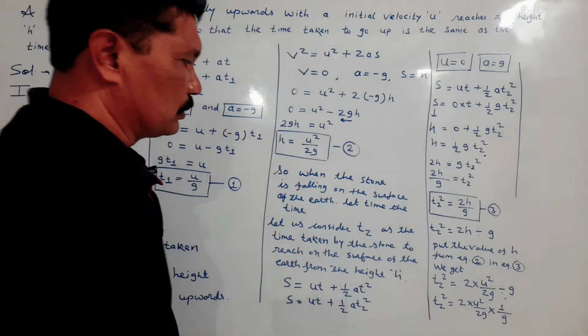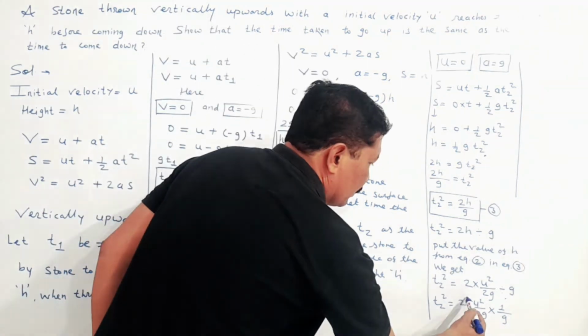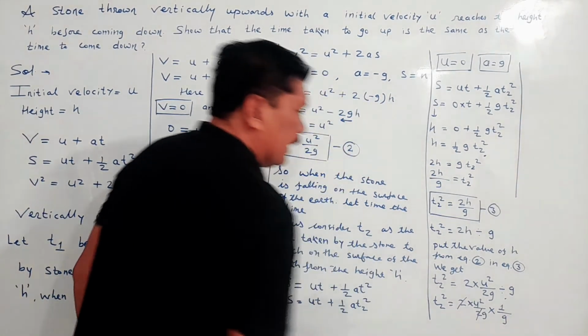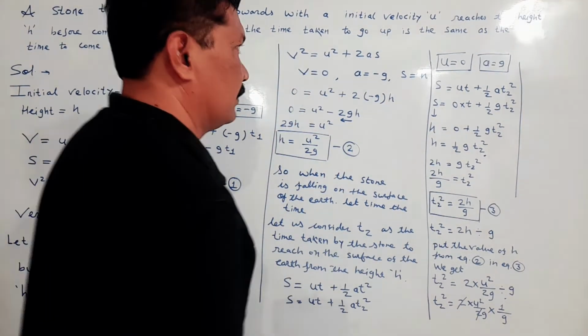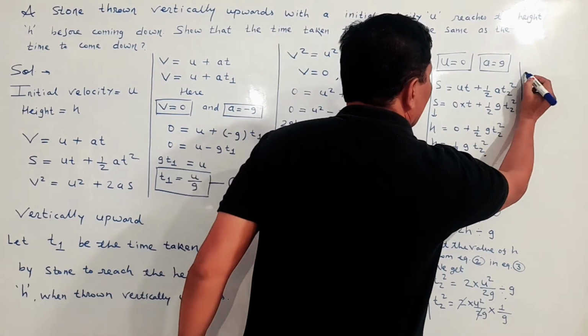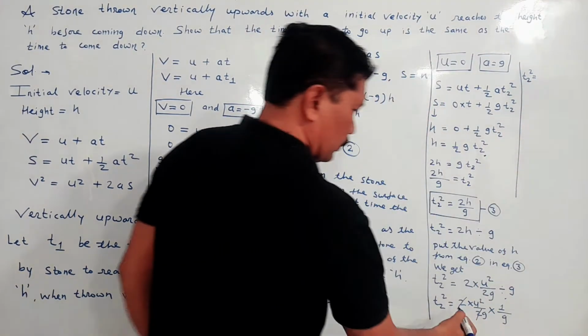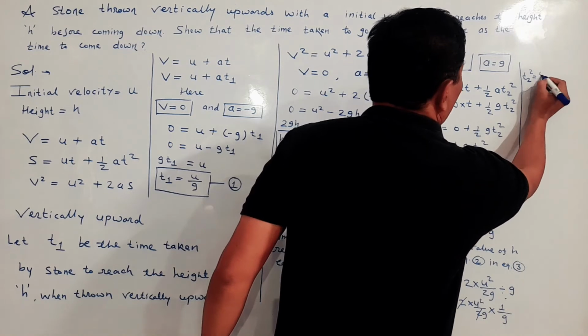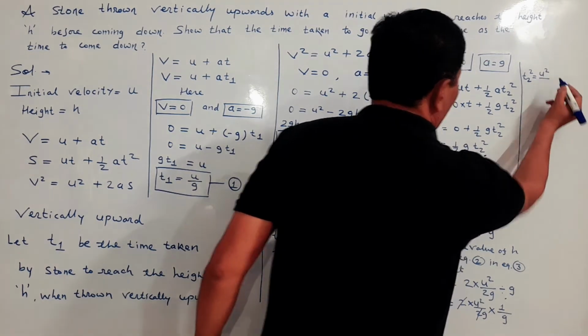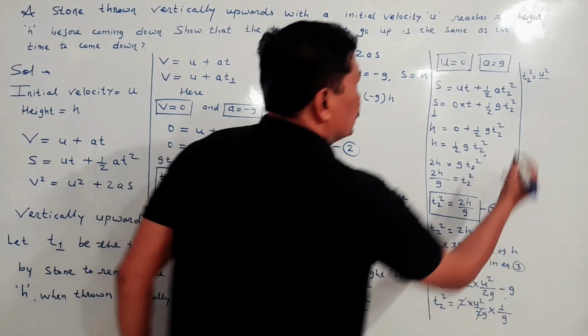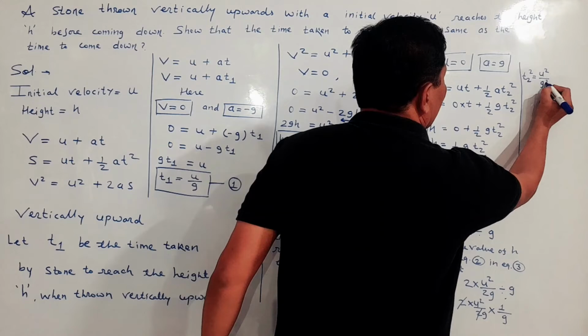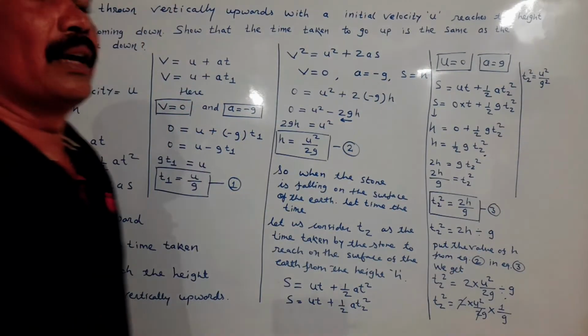Now my dear student, here 2 will get cancelled. We get T2 square is equal to U square upon G into G square.